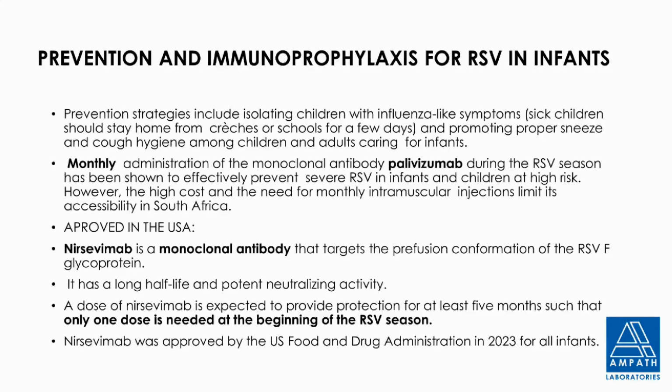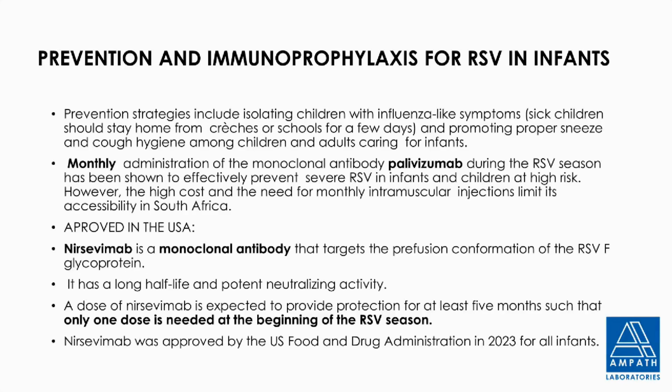But I think the important thing here to illustrate is that there is immunoprophylaxis for RSV in infants. And these monoclonal antibodies, palivizumab, and I'm not sure how easily available it is in the public and private sector, but this is one of the immunoprophylaxis that can be given to infants during the RSV season.